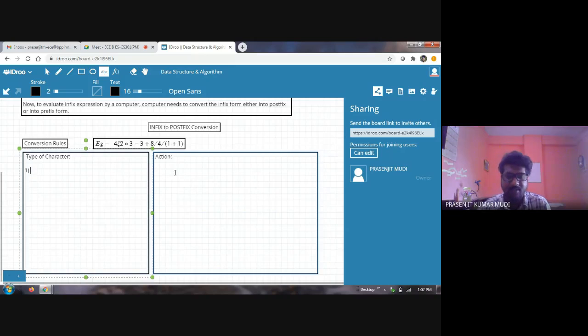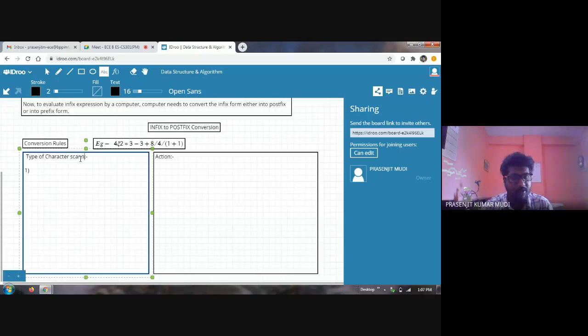So let's understand this. Characters are coming one after another, and I am here to decide whether I want to store this character into the stack or not. That's why we are producing a table.